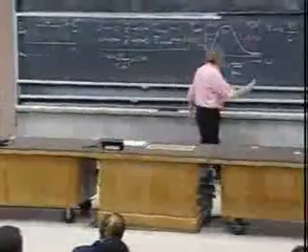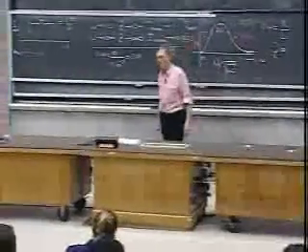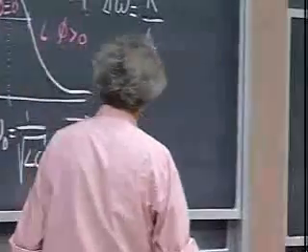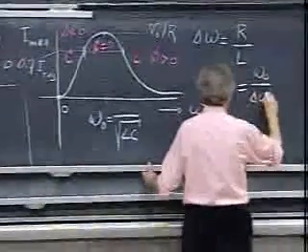We define Q, not as charge, never confuse that with charge, we call it the quality of the resonance, and the quality is defined as omega 0 divided by delta omega.